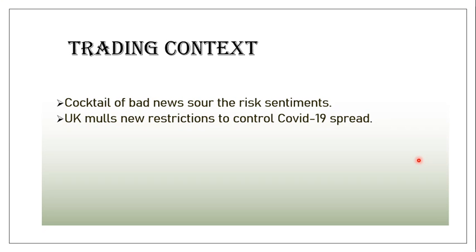If we consider the trading context for the day, today's risk-off sentiments have been the result of multiple bad news items. We saw some banking details emerging from the US network in which multiple banks have been named, which have transactions on their books of a suspicious nature, and these transactions have been flagged.